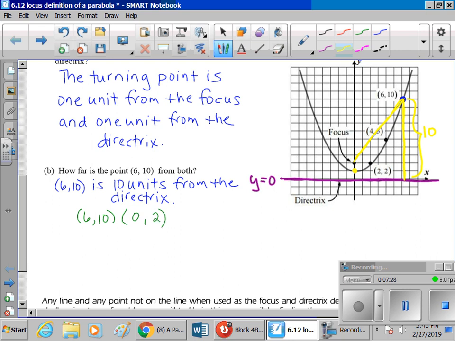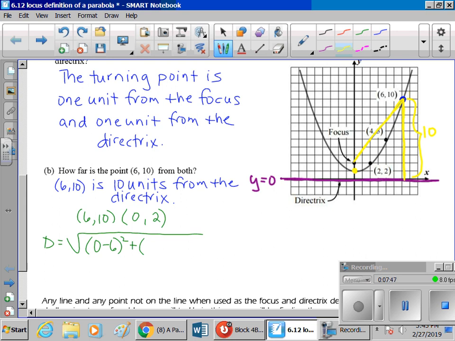Well, we use our distance formula. So distance is equal to the square root of (0 minus 6) squared plus (2 minus 10) squared. It's kind of the opposite of doing the slope formula. You start with the x's, and it doesn't matter, you could start with the y's because it's addition and we could commute them.